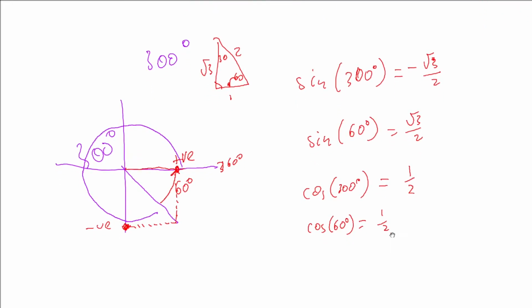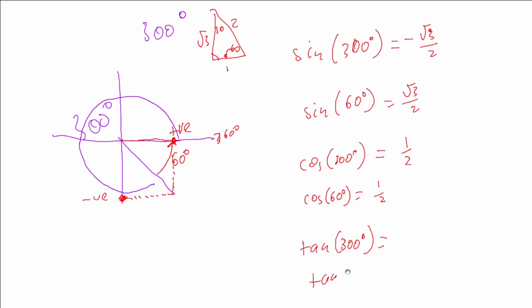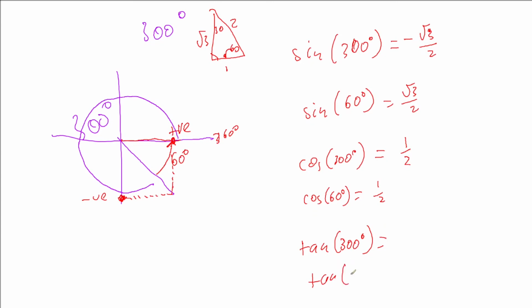Having a look at the tan of 300 degrees, well, tan of 60 degrees, tan is opposite over adjacent, so it's √3/1, which is just √3. So tan is going to be √3.